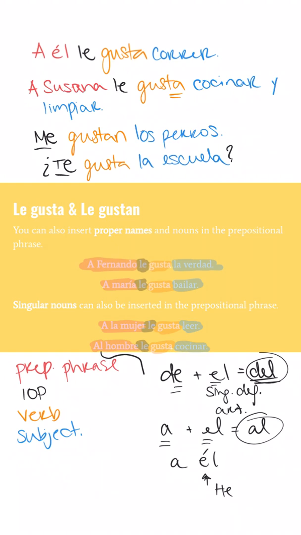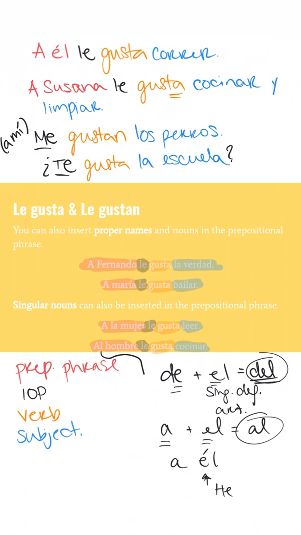But if you really wanted to express that you like dogs, like maybe you're in a room full of people who don't like dogs, and you're like, psh, me, myself, I really like dogs. Instead of saying me gustan los perros, you could make it a little more emphasized by saying, a mí me gustan los perros.